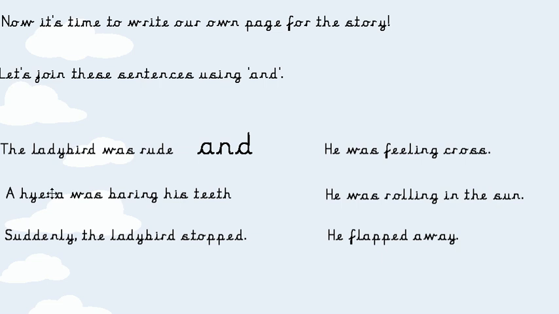A hyena was baring his teeth. He was rolling in the sun. Excellent reading. So I'm going to put the word and in here as my conjunction, and actually I think I can even alter that sentence slightly just to make it a bit more concise. So I've got the word and.